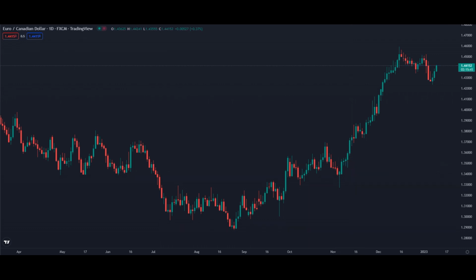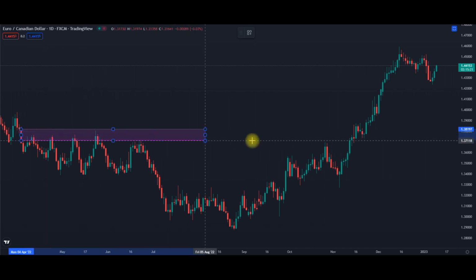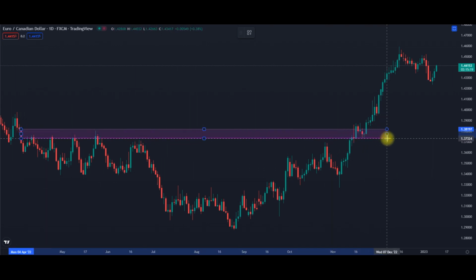After we define the underlying trend, as the next step, we will look for a support and resistance level. Meaning we will find the latest level of resistance that was broken in this uptrend. Let's see. We will pick this resistance level.